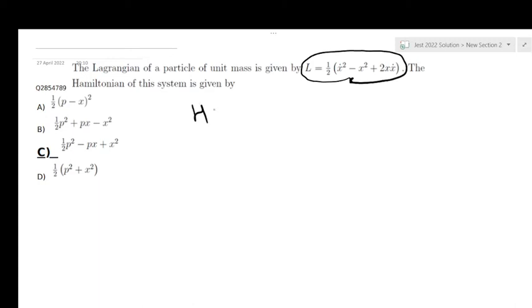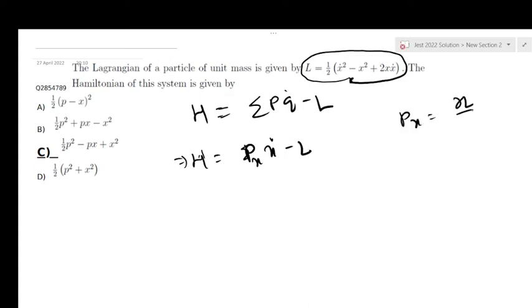As you know, the Hamiltonian we can find by the sum of p q dot minus L. So this is an easy question. H is equal to the sum, here only the x term, so px x dot minus L. And you know px is equal to del L by del x dot, so that will be x dot plus 2x.